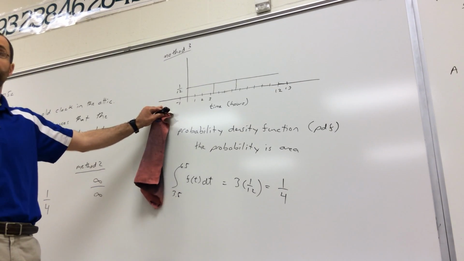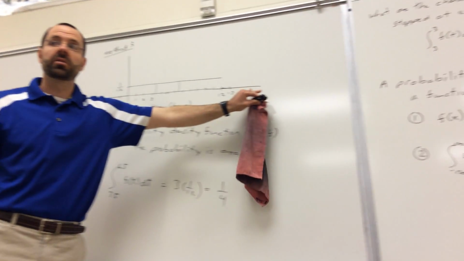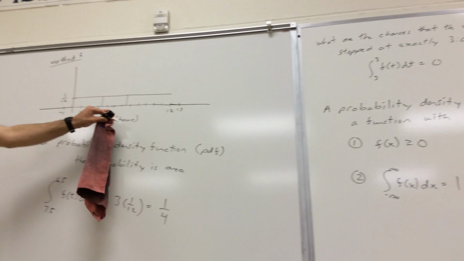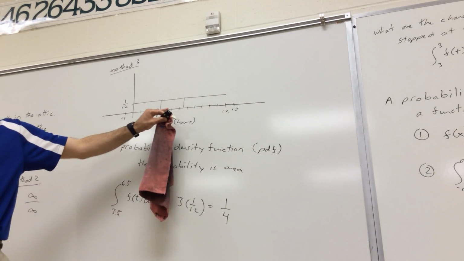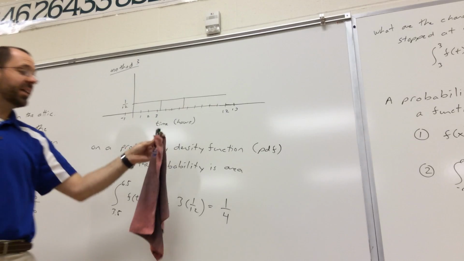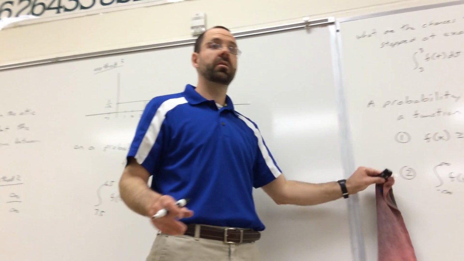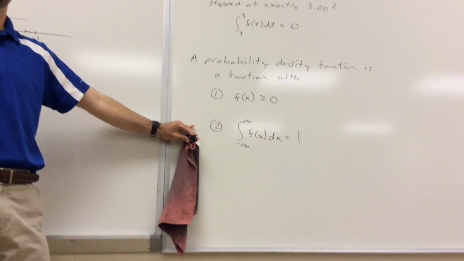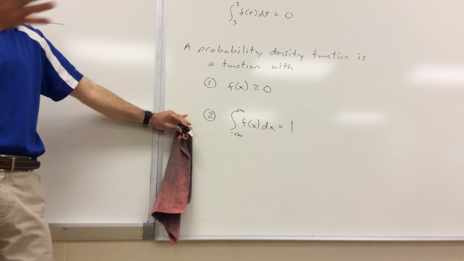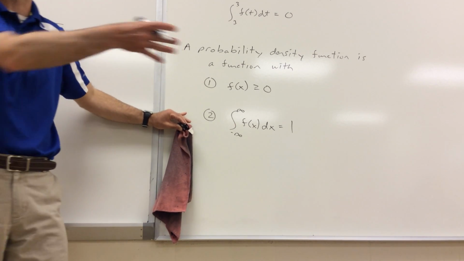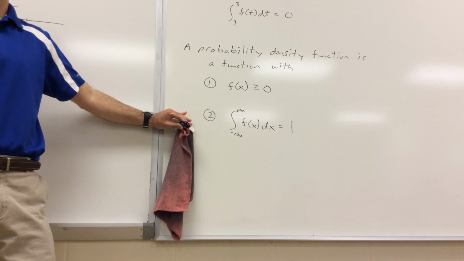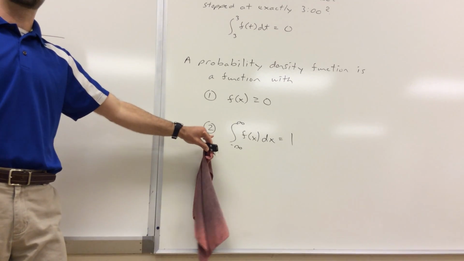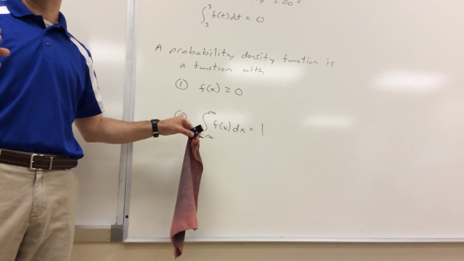Yeah, because down here it's 0, up here it's 0, and then in between 0 and 12 it is 1, because it's 12 times 1/12. Why does the area need to be 1? Because that's 100%, right? So you want the chances of anything happening to be 100%. So that's why this area needs to be 100%, aka 1.